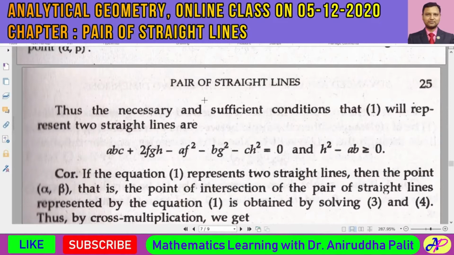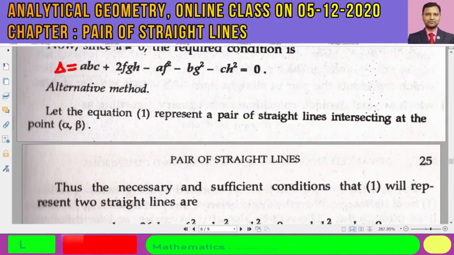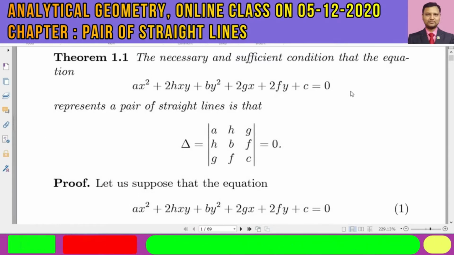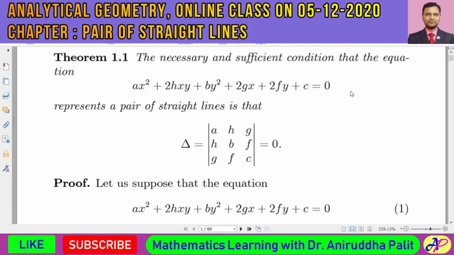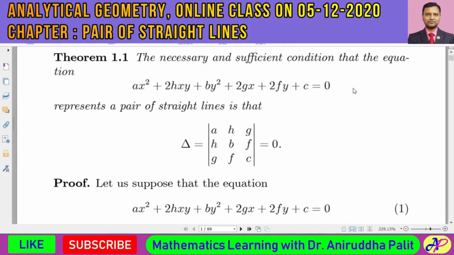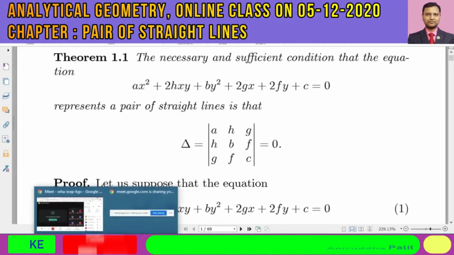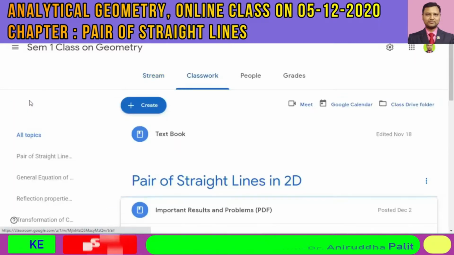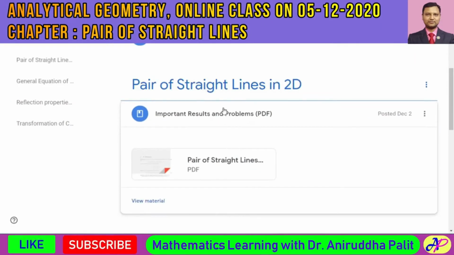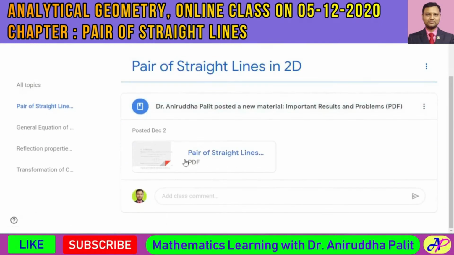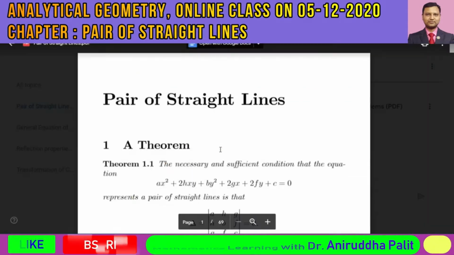So regarding the converse part, I feel that the treatment written in this result is the treatment discussed in the book of R.M. Khan. And already this file has been given in your Google Classroom under the classwork section, under this title, pair of straight lines. So you will get the PDF file from this link.